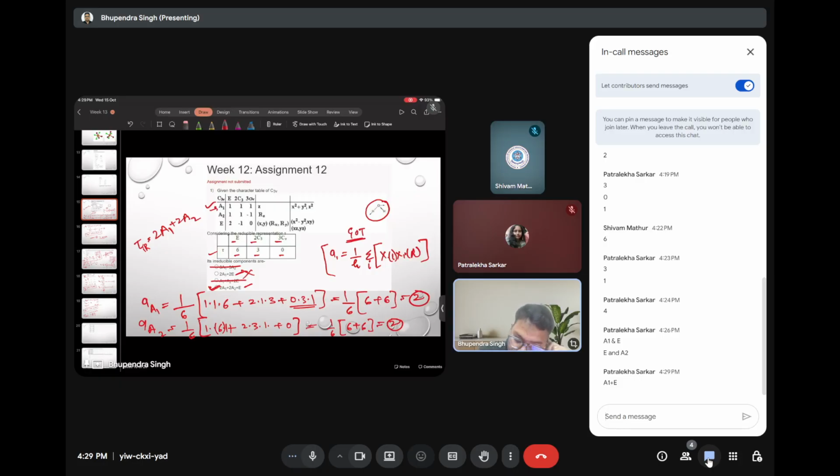Patlika is saying both of them are IR active. Yes, it is true because x, y, z should transform according to that symmetry representation. So yes, A1 and E.